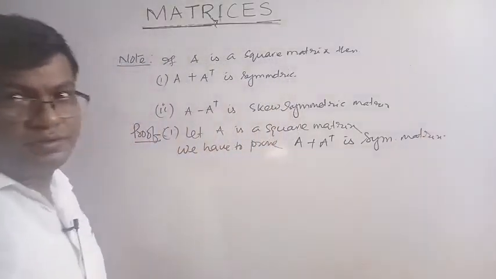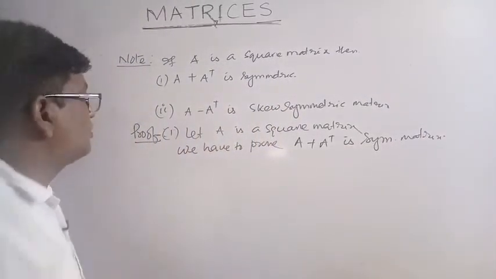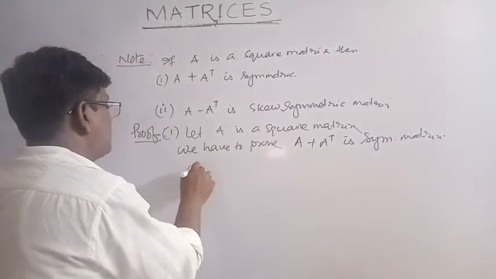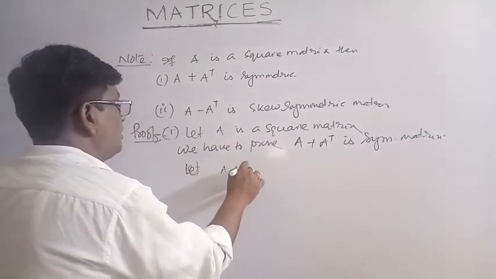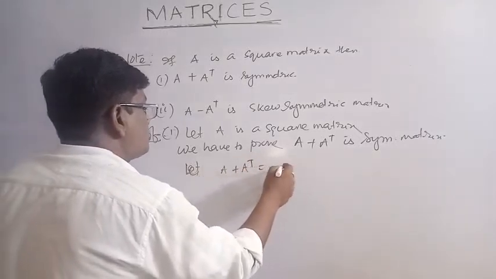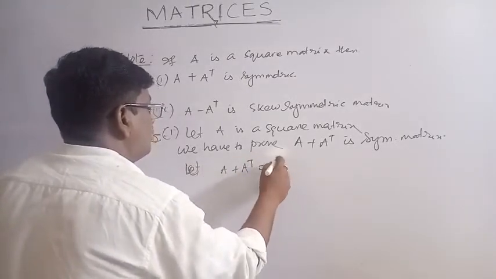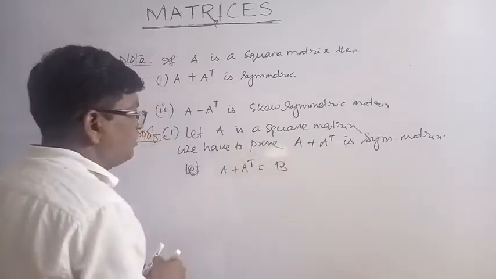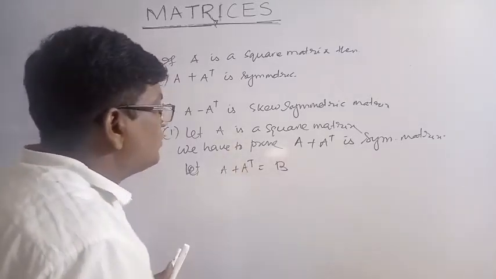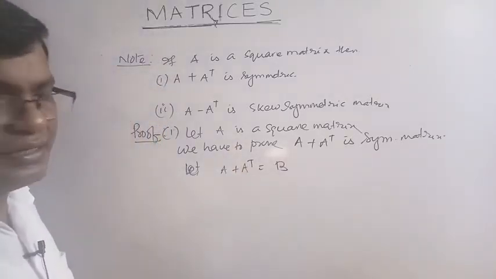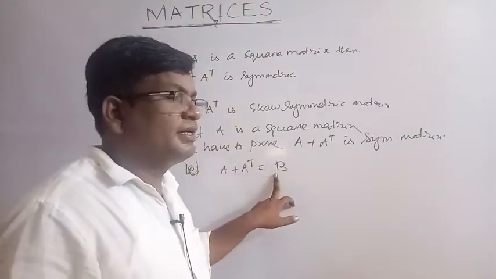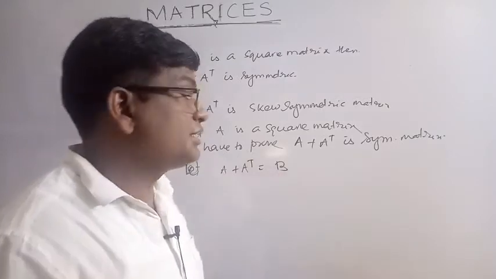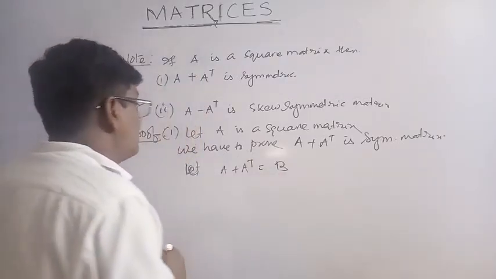Suppose A plus A transpose is another matrix, say B. Under what condition is the matrix B symmetric? When B is equal to B transpose. We have to show that B equals B transpose.